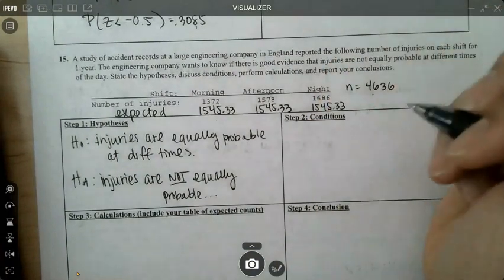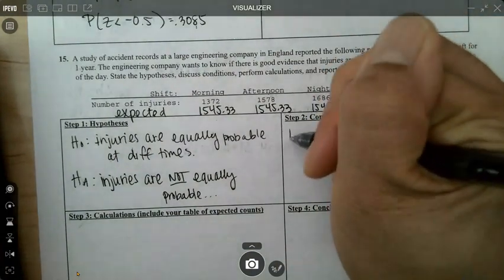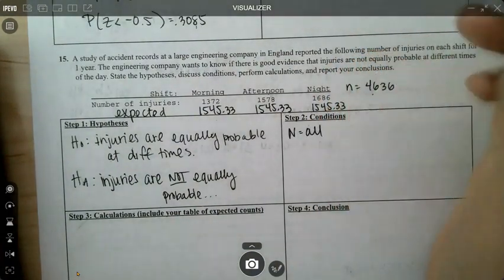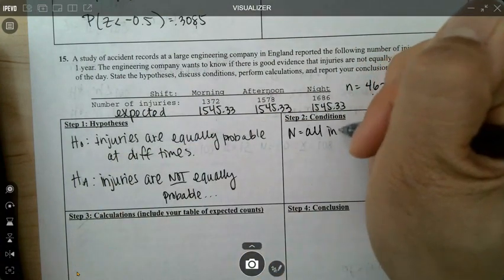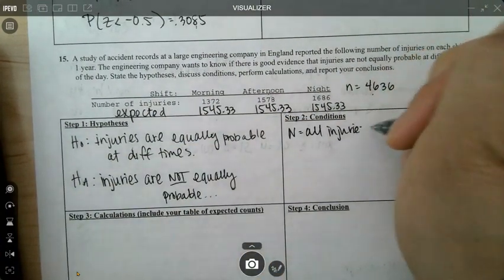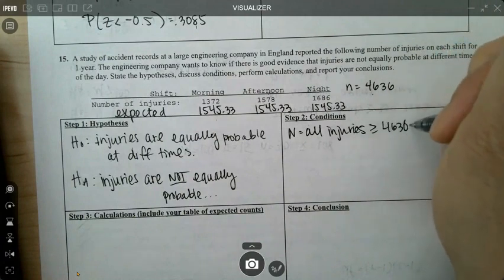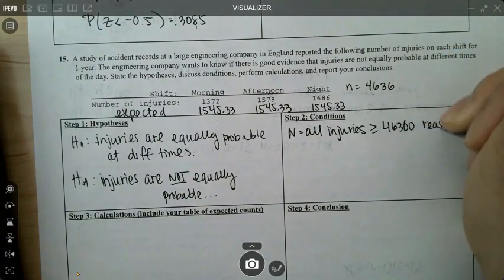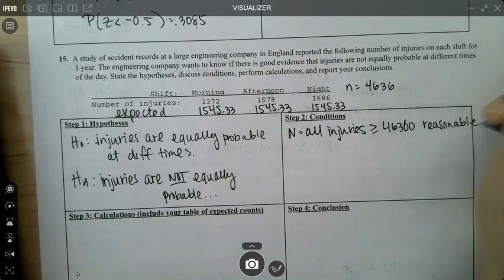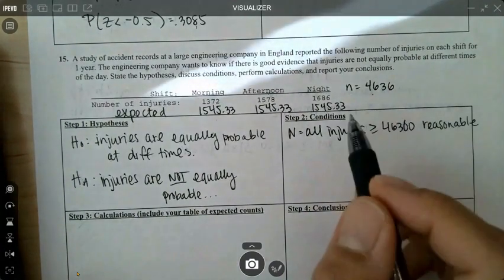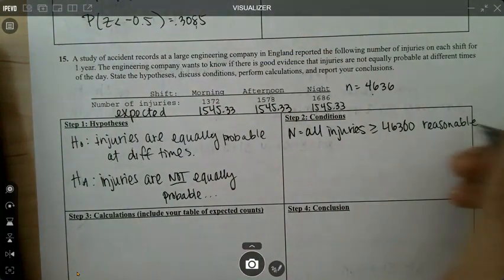The independent condition is the same. So big N would be all injuries. It's greater than or equal to 46360. That is reasonable. If you just think all injuries over time, that's reasonable to assume.